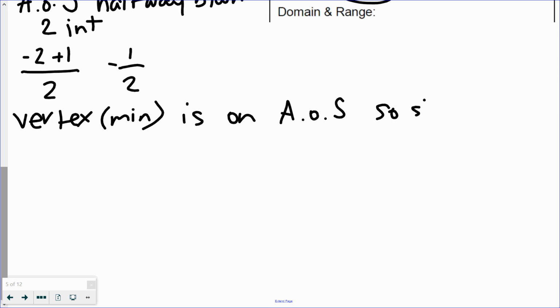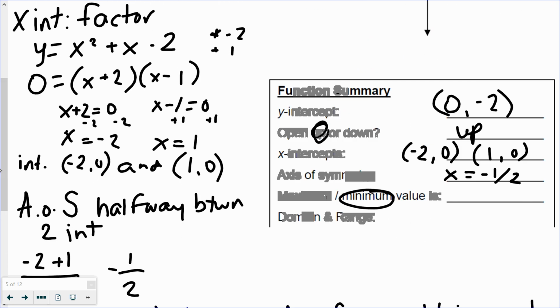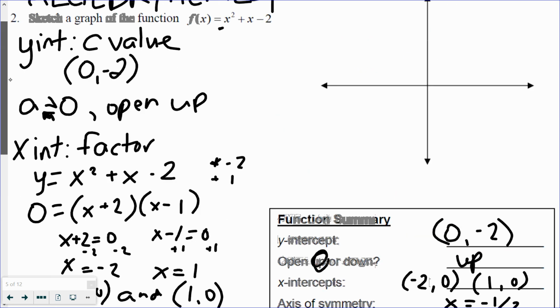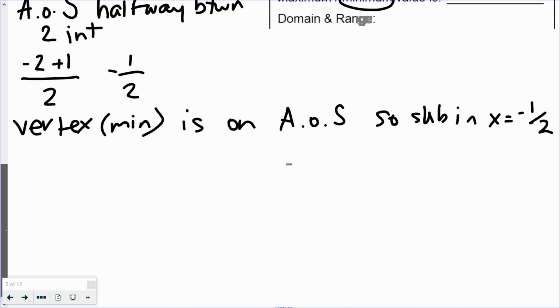So sub in x equals -1/2 to the original equation, which I don't remember. x squared plus x minus 2.